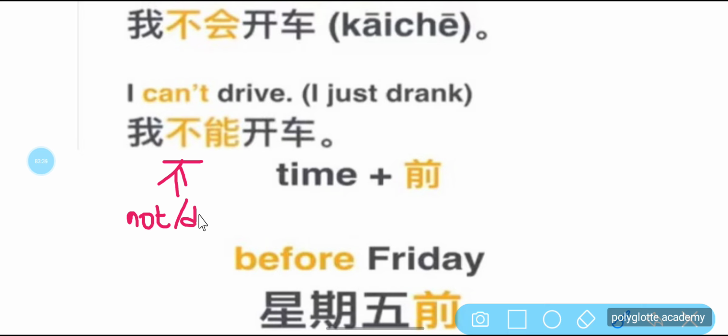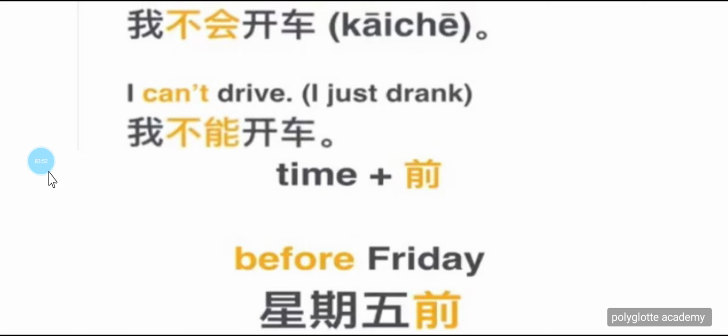Or it can mean don't, it's the same thing. Not, don't, quite the same thing. So for 不, and then we have 能, which is permission, possibility. Is it possible? Can I? Am I permitted?